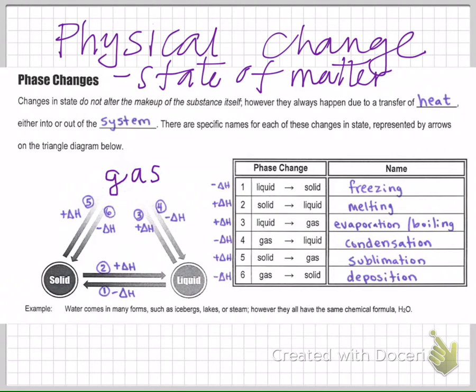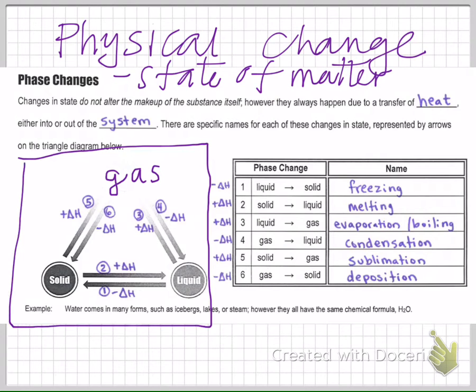This you guys don't have in your notes, but it's a nice diagram just to help you visualize what's going on in terms of the enthalpy change, so delta H. But what you have in your notes is this table here on the right. And you guys know all of this already, but maybe now you can look at it in terms of enthalpy.